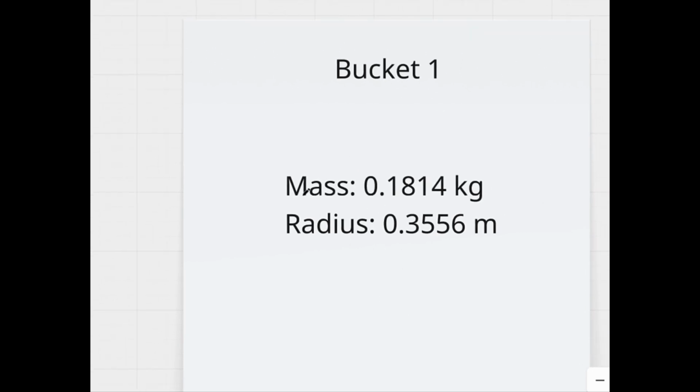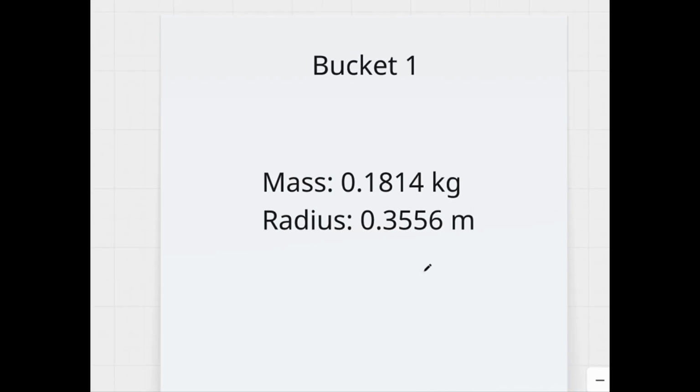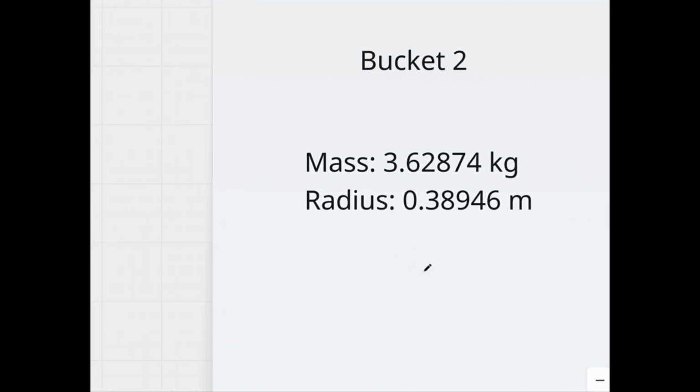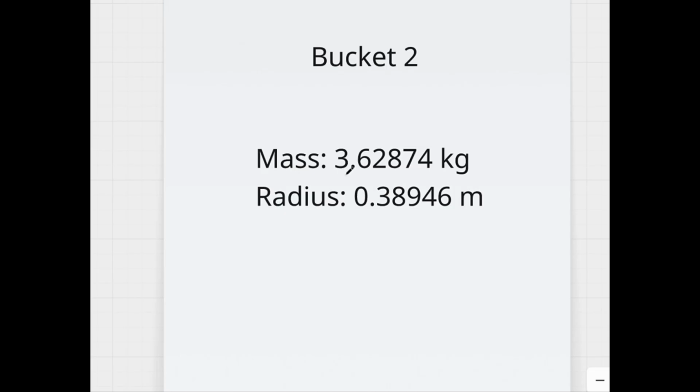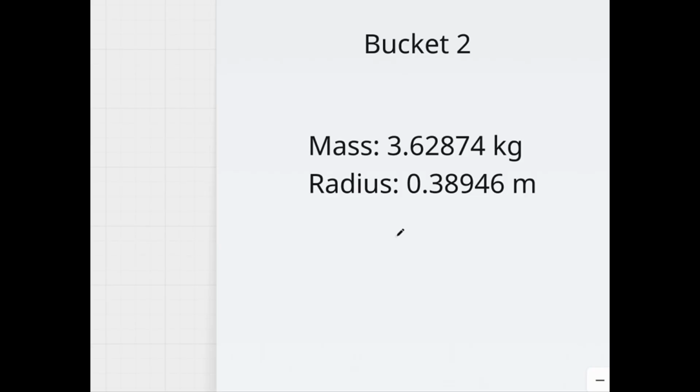This is bucket 1 with a mass of 0.1814 kilograms, and the radius of the path it travels in is 0.3556 meters. And with bucket 2, the mass is going to be 3.63 kilograms, and the radius of the circular path it travels in is going to be 0.39 meters.